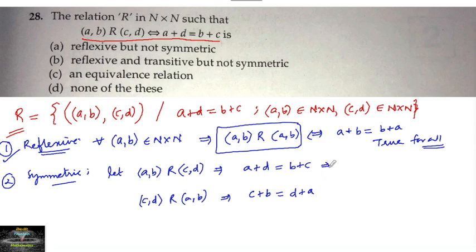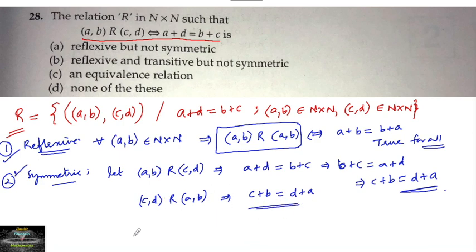A plus d is equal to b plus c can also be written as b plus c is equal to a plus d, or this can also be written as c plus b is equal to d plus a, because in natural numbers they are commutative. And hence we can say this is symmetric.